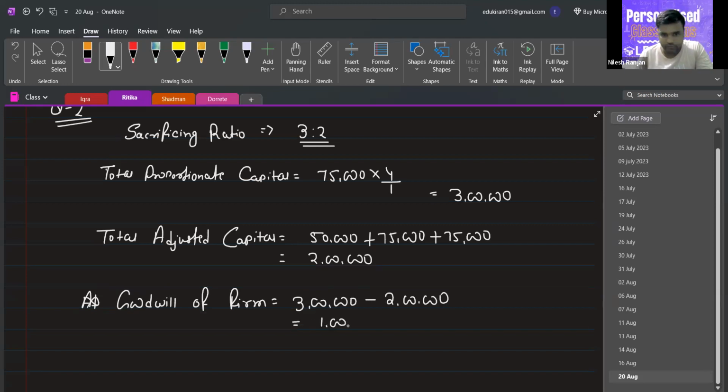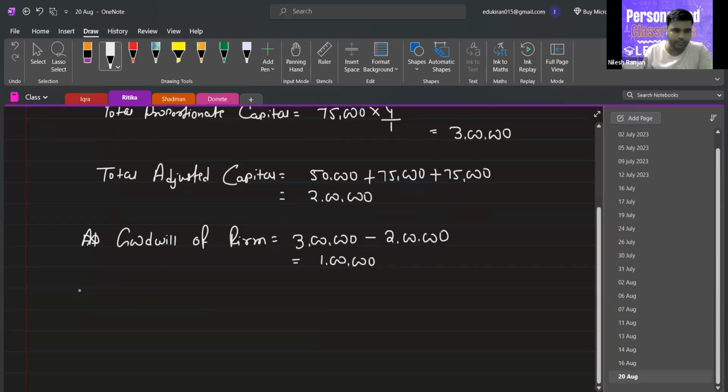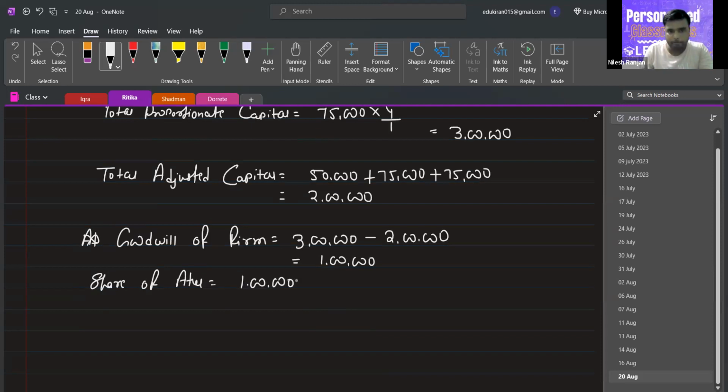The goodwill is 1 lakh for the firm. And share of Atul will be 1 lakh into 1/4. So 25,000.